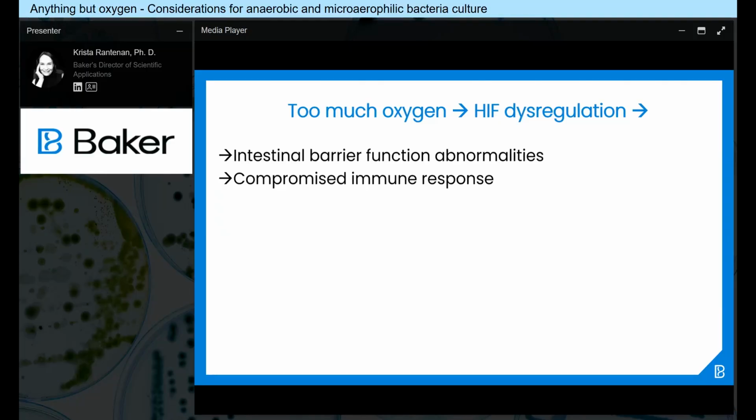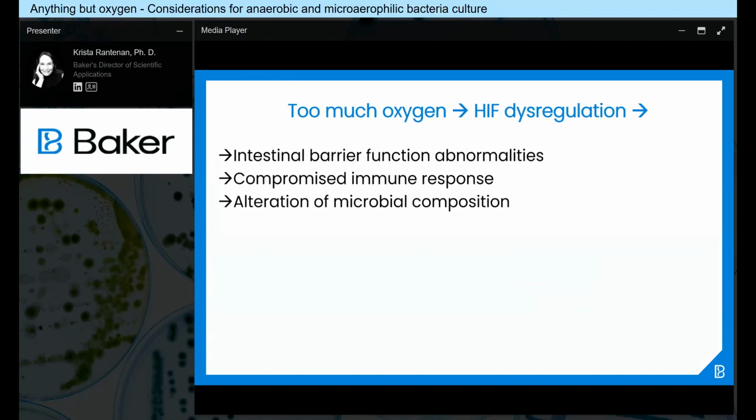So when HIFs are dysregulated, it can lead to imbalance. And then that imbalance leads to imbalanced immune response, and it contributes to conditions like chronic inflammation and, for instance, conditions like IBD. So that's a big problem.